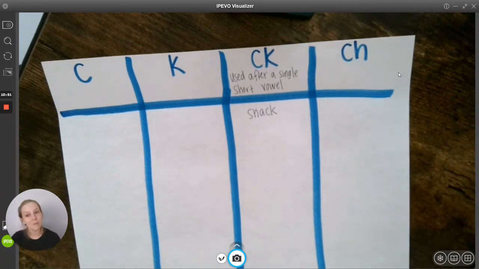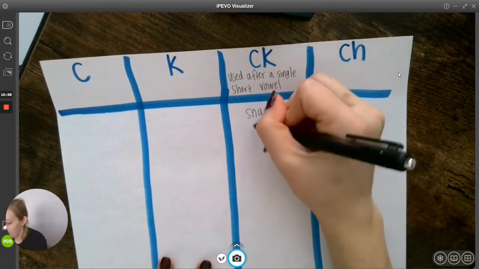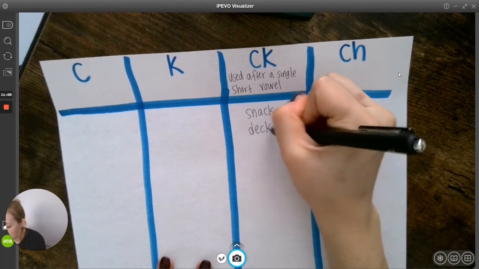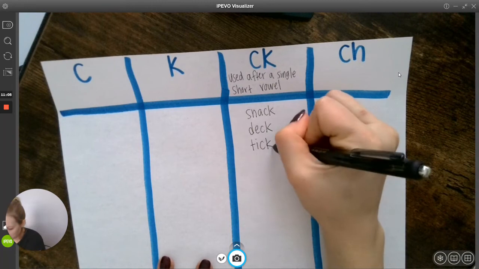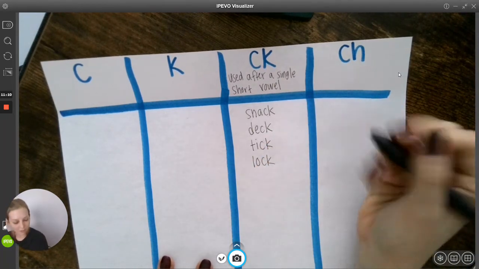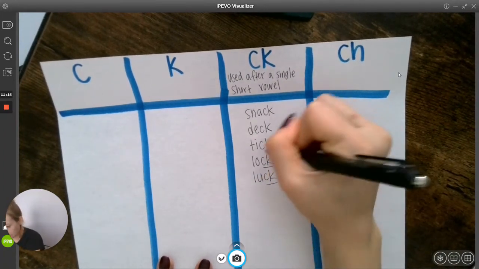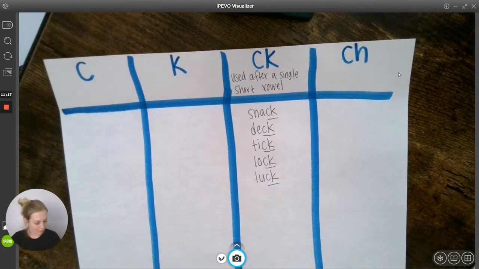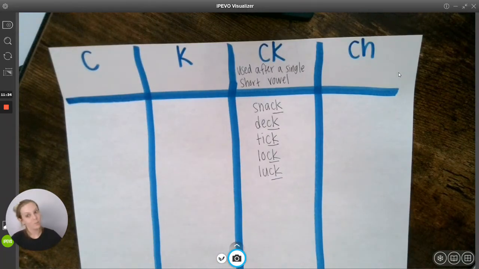I'm going to write some more down and I'll read them after we write them. And if you can think of any more, feel free to write them down. I have deck, tick, lock, and luck. I'm going to underline that phonogram in each of them. Is CK ever used at the beginning of a word? No.